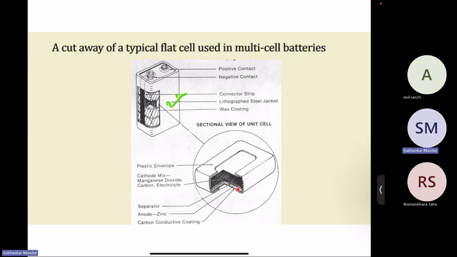I think it is quite common in cameras, all these things. Here also zinc is used as the anode, because zinc is quite a cheap material. And the carbon conductive coating is also there. So these things I think we have already discussed in more detail in the class.